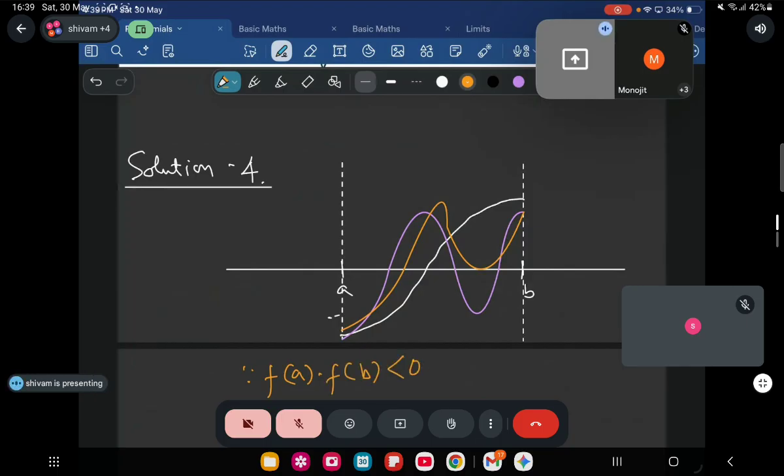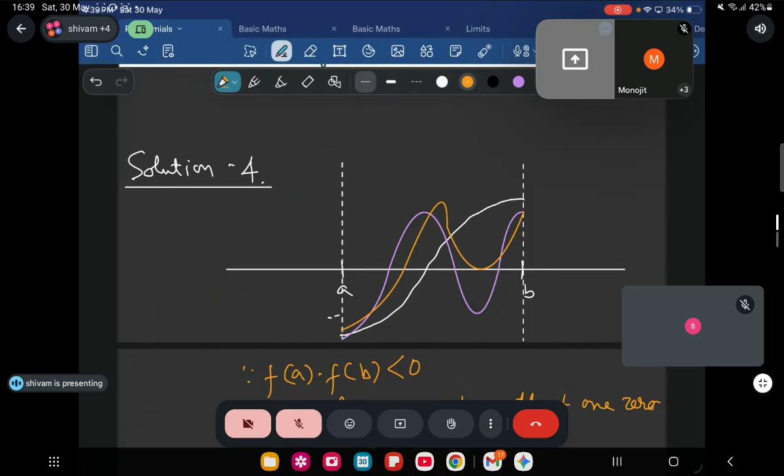This implies there exists at least one zero in open interval a comma b.